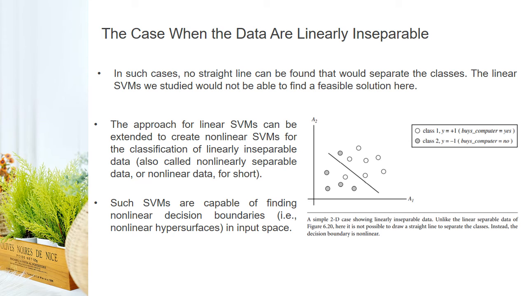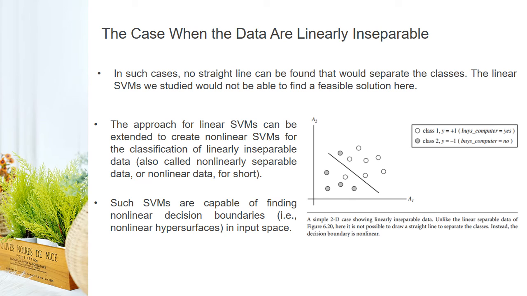And we have to see the other case, the case when the data are linearly inseparable. In some cases we can't separate the data linearly. This is an example of such cases. In such cases, no straight line can be found that would separate the classes. The linear SVMs we studied would not be able to find a feasible solution here.